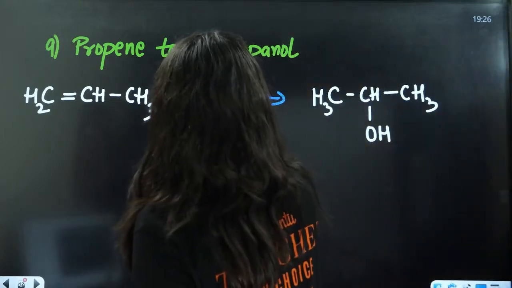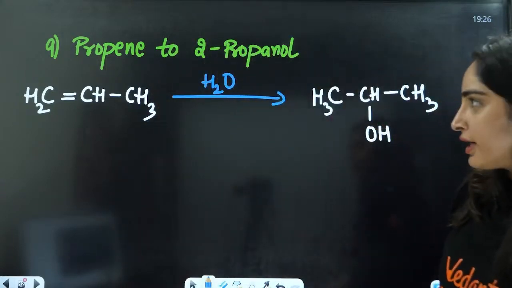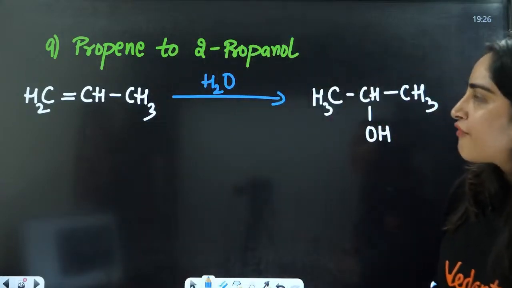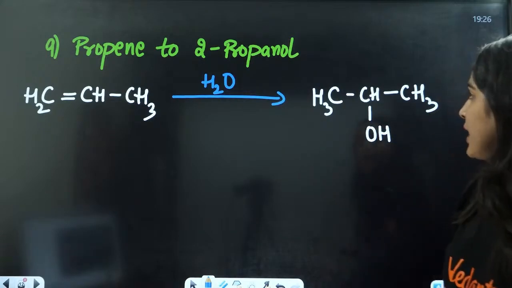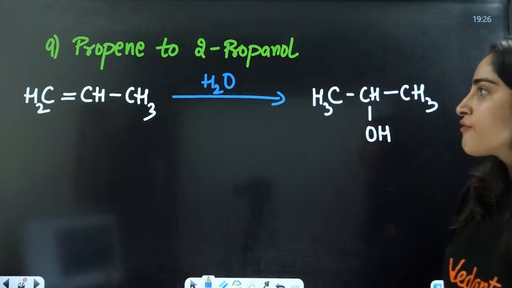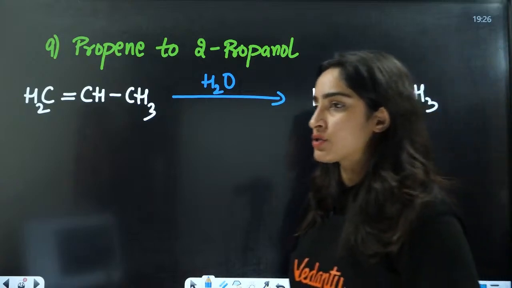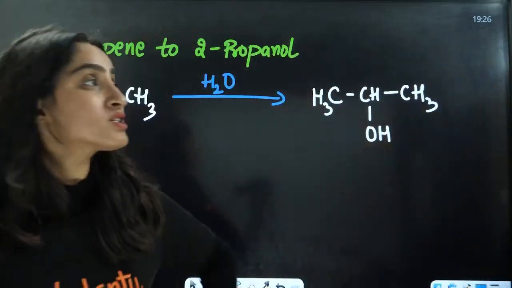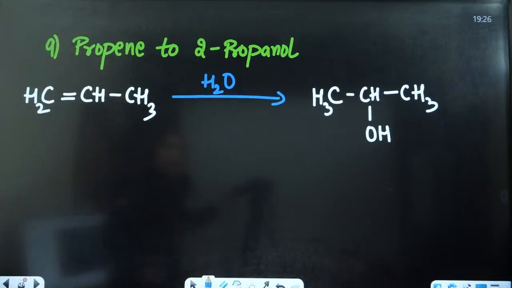We can do this by two methods. We are adding the negative part to the carbon with fewer hydrogens, or we can say a more stable carbocation is formed here.